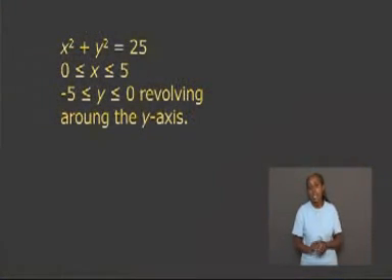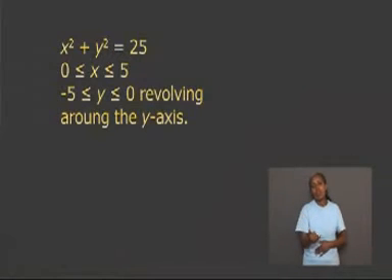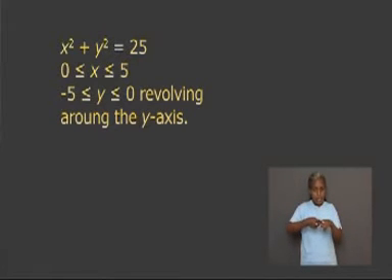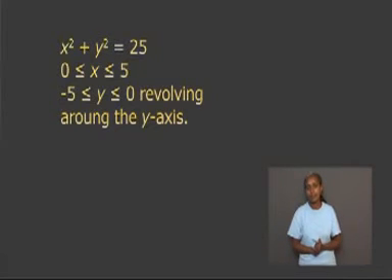Now, we will apply the formula to solve the problem of the bowl of water. The first step is to graph the function. We know that x squared plus y squared is 25, and that x intersects at 5 and minus 5. We also know that y intersects at minus 5.